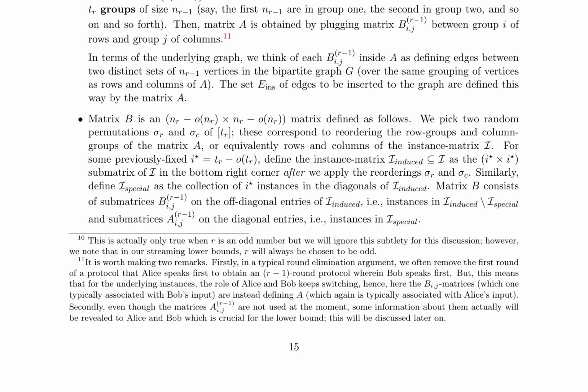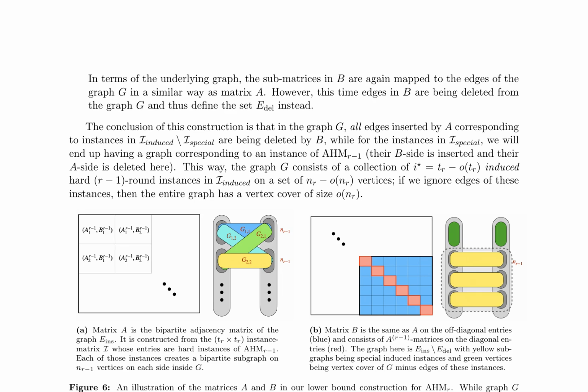The matrix B is defined by picking two random permutations of the row groups and column groups of the matrix A, and then applying these permutations to the instance matrix. The authors argue that the constructed instance of AHM_R is hard because it contains a large induced subgraph consisting of vertex disjoint copies of hard R-1 round instances.